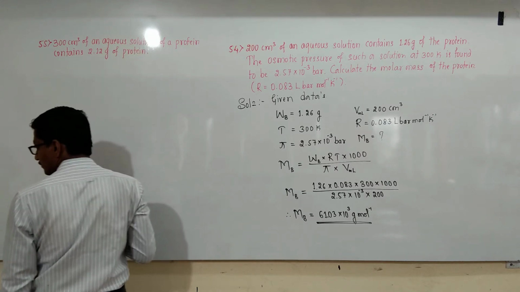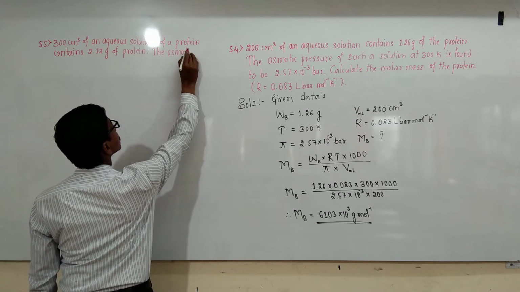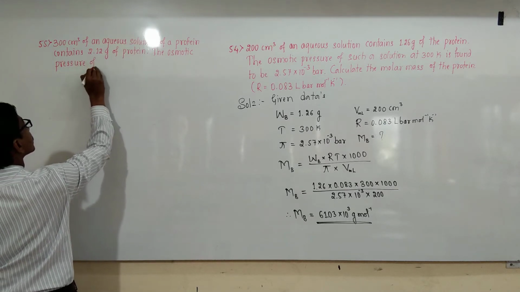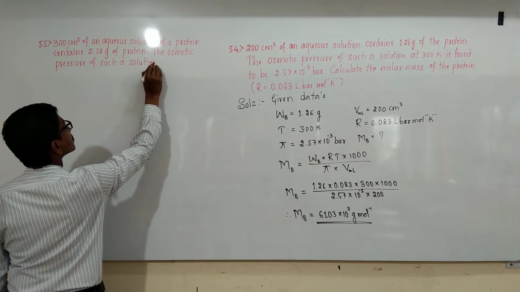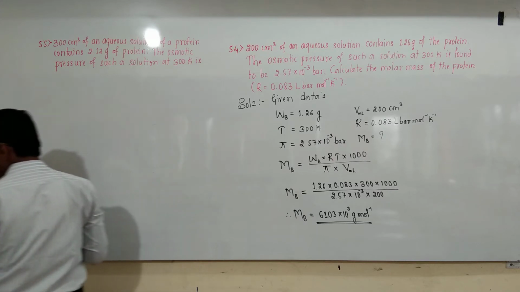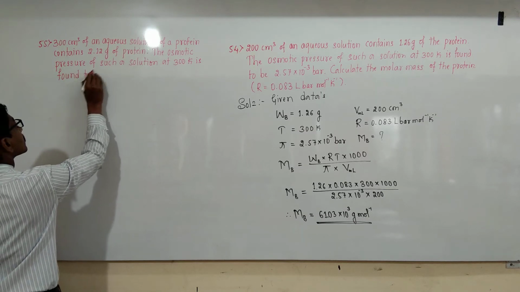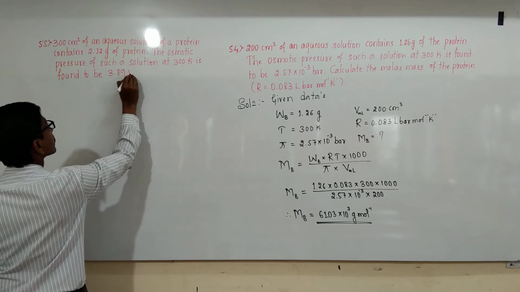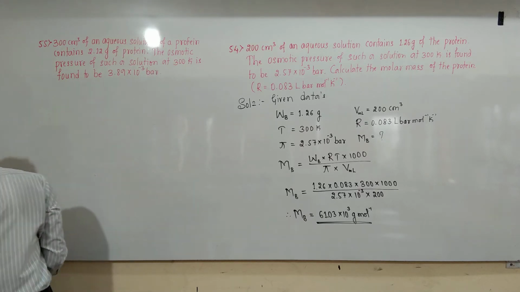The osmotic pressure of such a solution at 300 Kelvin is found to be 3.89 into 10 raised to minus 3 bar. Calculate the molar mass.